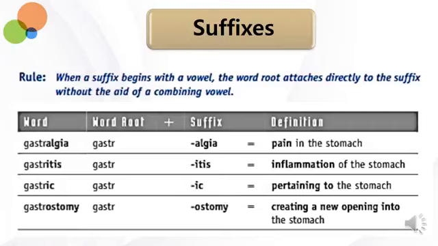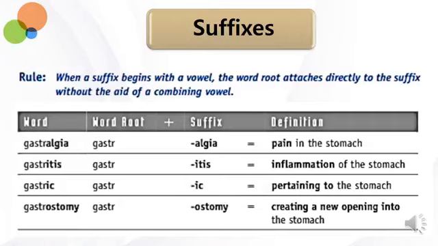Another example uses the suffix ic with the same word root, and I have the word gastric, which means something pertaining to the stomach. For example, gastric ulcer, gastric content, gastric acid. It means that the ulcer, the acid, the content are all related to the stomach. Here, gastric is an adjective. Gastralgia and gastritis are nouns.